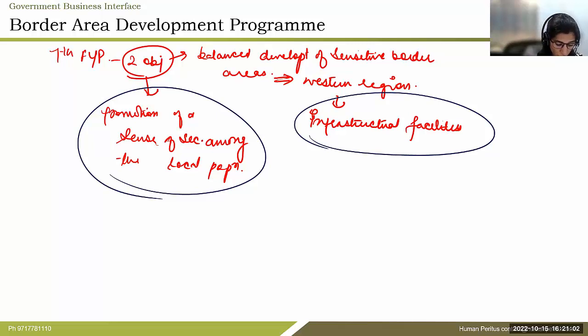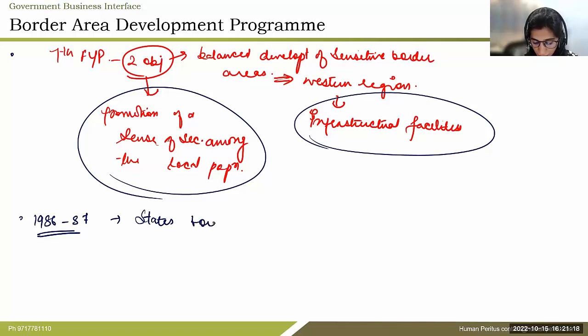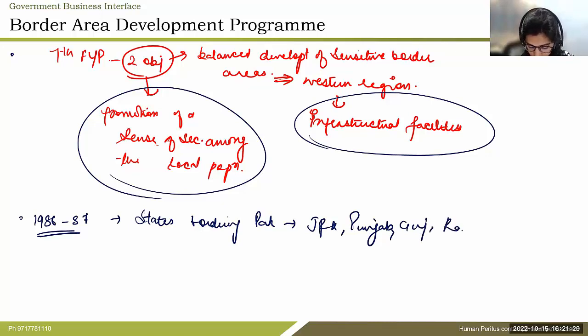All right. So it was launched. When it was launched during 1986 and 87, it was basically about the balanced regional development of the states bordering Pakistan, such as J&K, Punjab, Gujarat, Rajasthan. And subsequently, later on, it was extended to the land borders also.